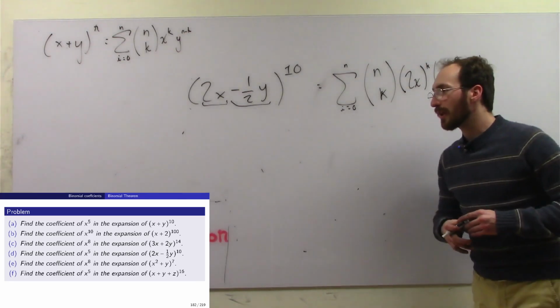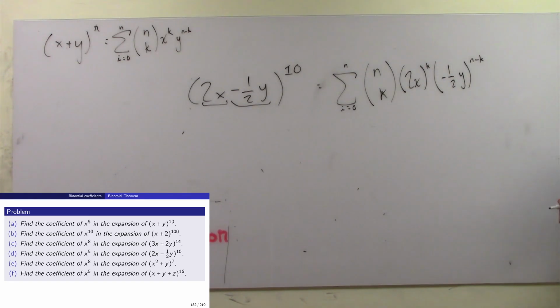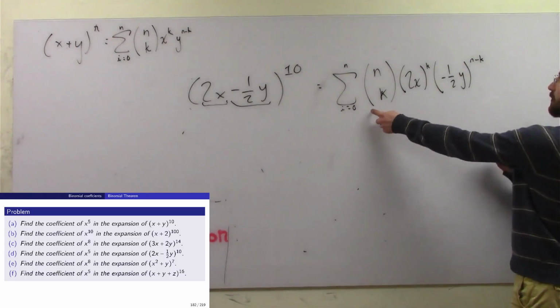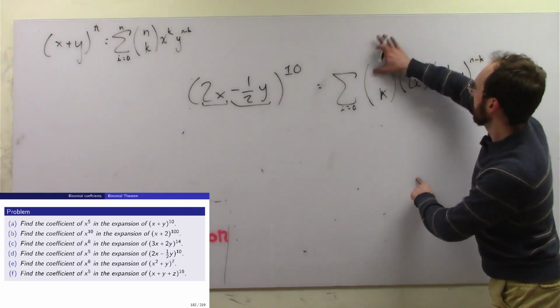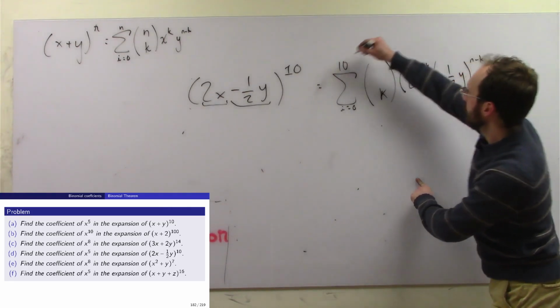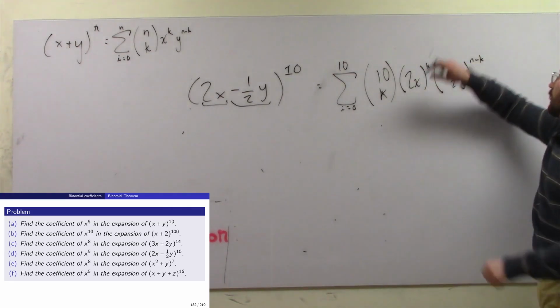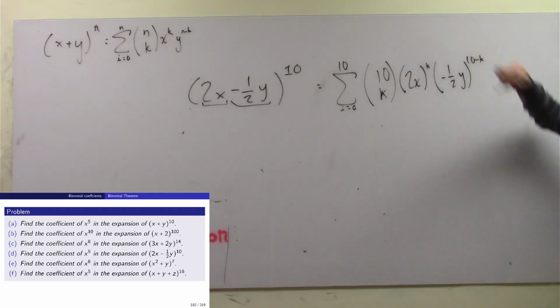Okay, so now what do we get here? If we're looking at the x to the 5th term, well, let's look at it. Oh, there we are. Last thing that I forgot. We're going to 10 here, and then this is 10 minus k.